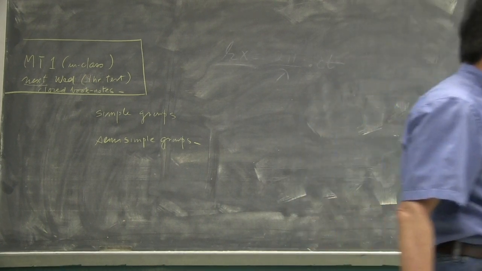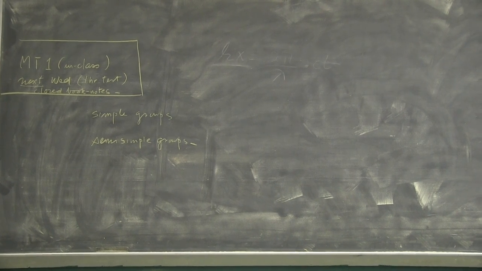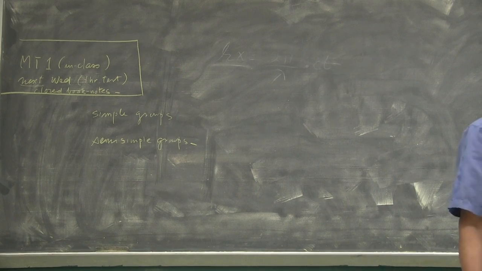And these are defined in terms of so-called normal subgroups of a given group. So if a particular group does not have any normal subgroup other than itself, then it's called a simple group, okay?